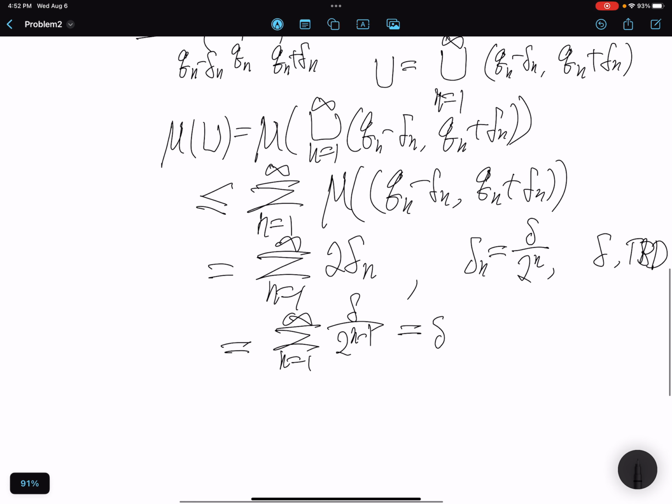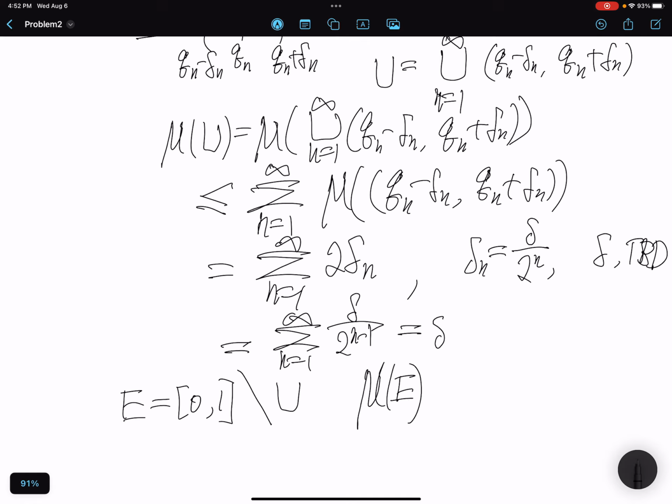Now if we define E to be the unit interval minus U, because U is open, E is clearly closed. And since we have removed all the rational numbers, E consists of irrational numbers only. Then mu of E is greater than or equal to 1 minus delta.